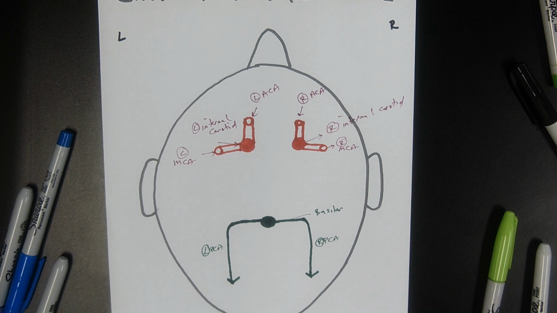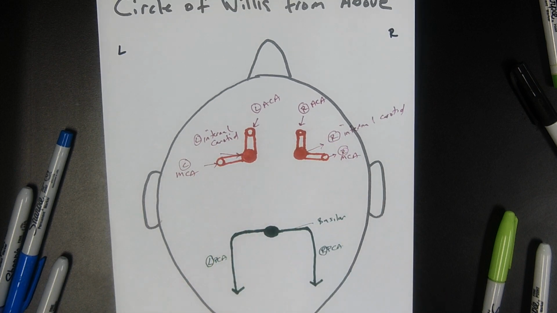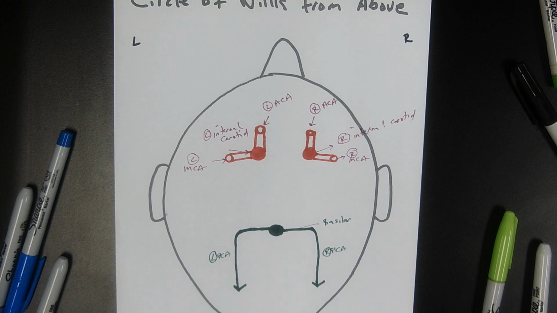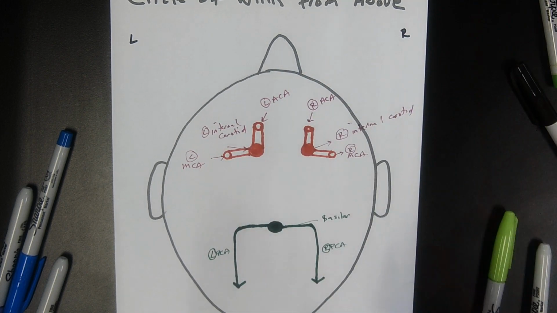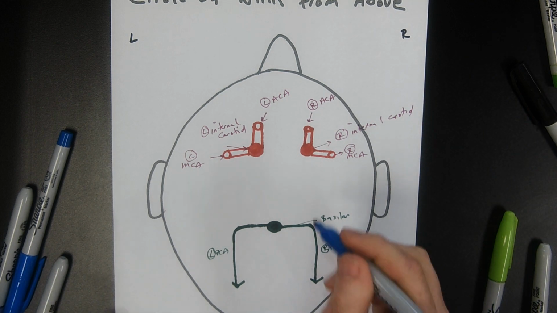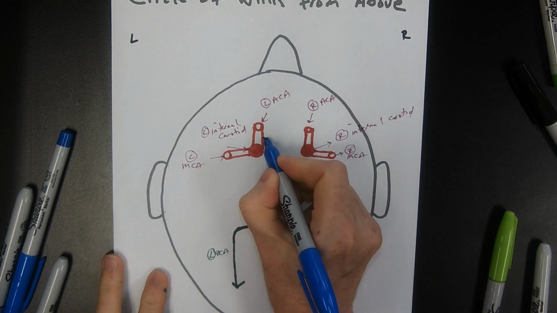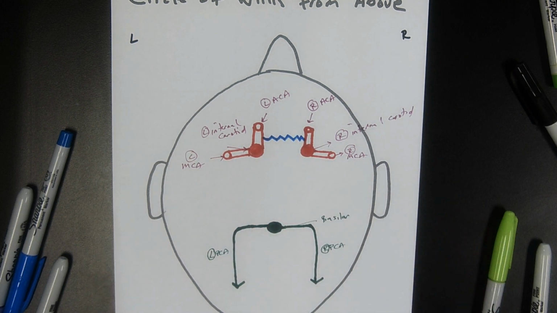You can see that if there was no ability to connect the right and left halves of the anterior circulatory system of the brain together, if you lost one whole side, you'd lose everything. But what nature has created, or God has created, is this small little artery in here that connects the right and left ACA together.